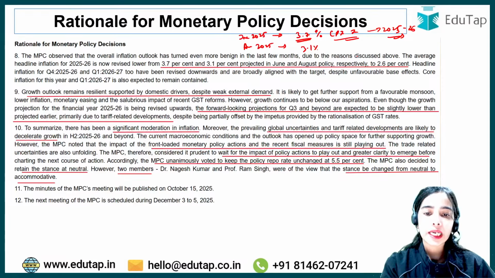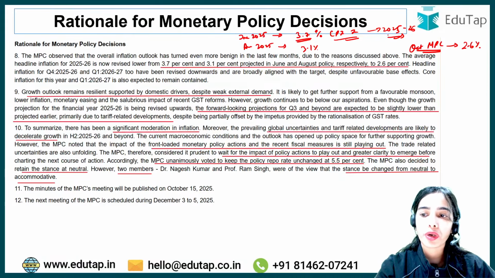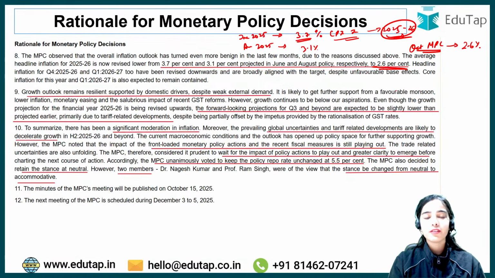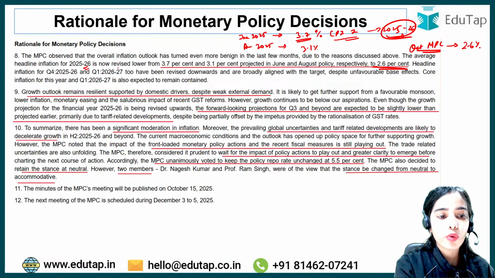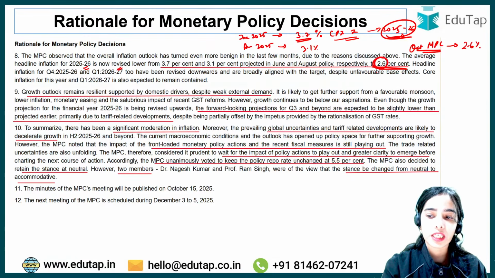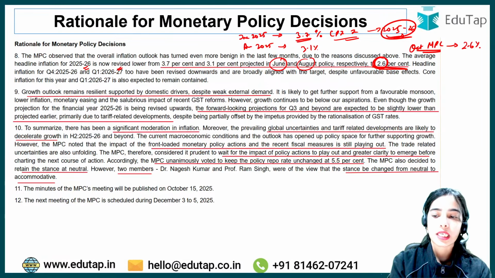But now, in the current Monetary Policy Committee meeting in October, it has been said that CPI inflation is projected at 2.6% for 2025-26. So even the headline inflation for 2025-26 is now revised to an even lower percentage than the June projection and August projection. So this is the idea.